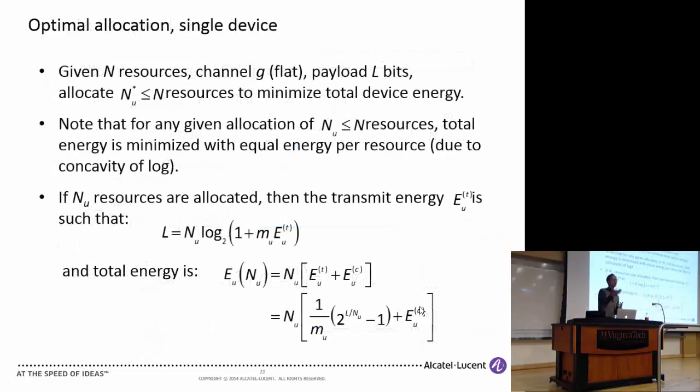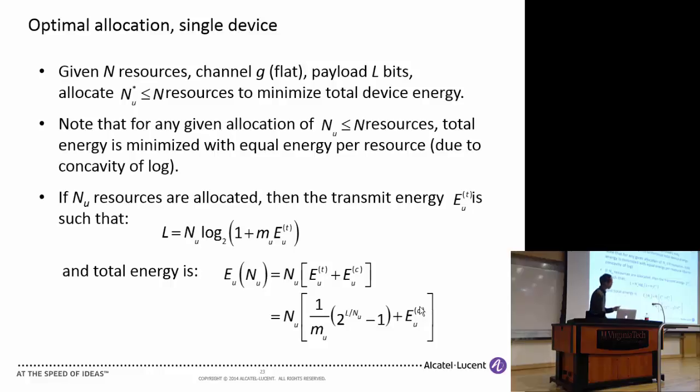Okay, so if we think about the simple case of allocating resources to one device. So let's say you have N resources, you have a channel that's flat, meaning for all the resources, the channel realization is the same, independent of the resource. We have some payload L bits, and you want to allocate some optimal number of resources, nu star, which is less than or equal to the total number of resources.